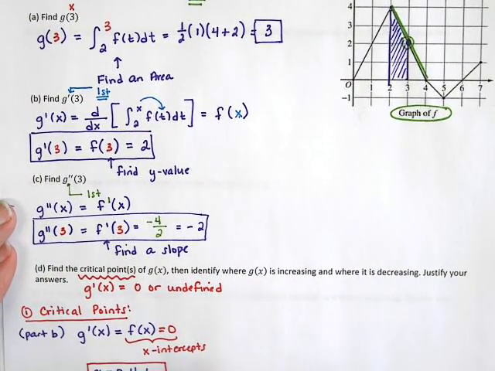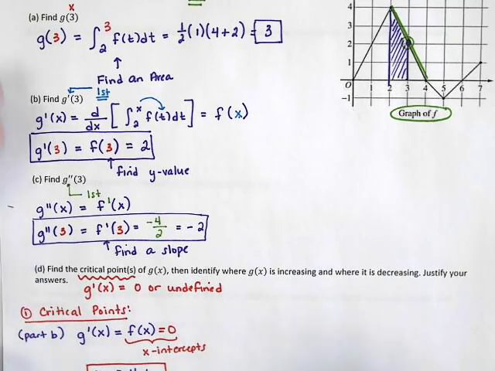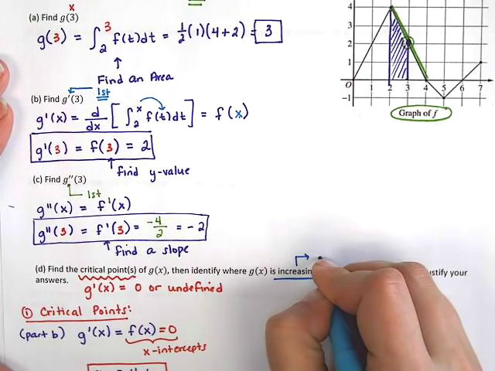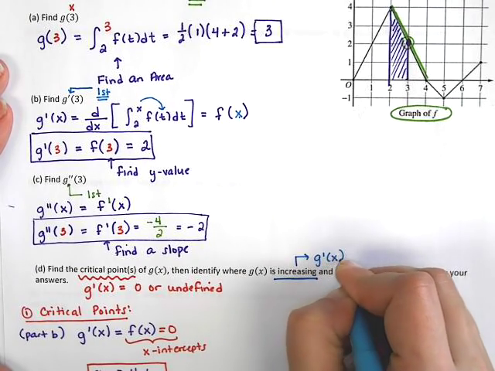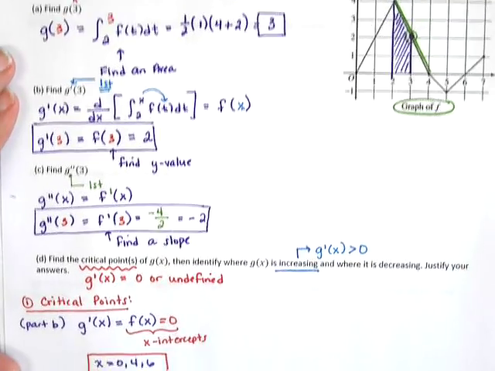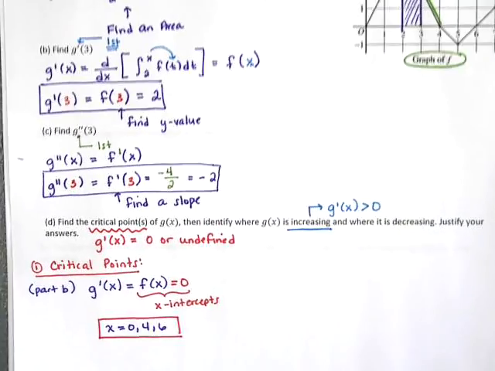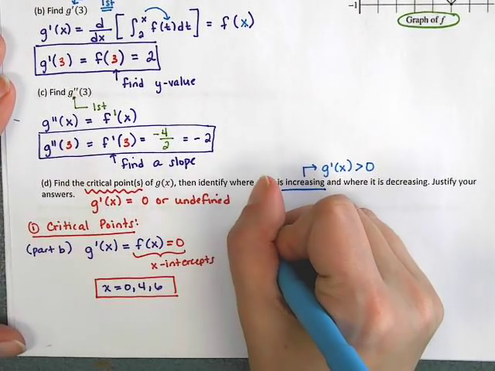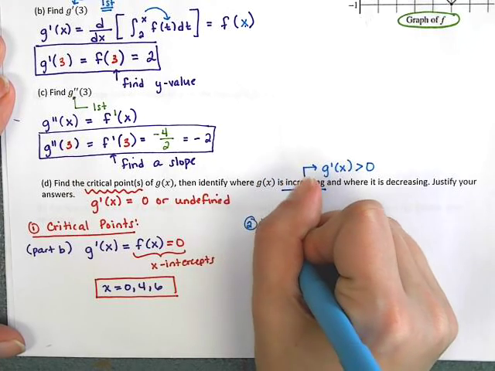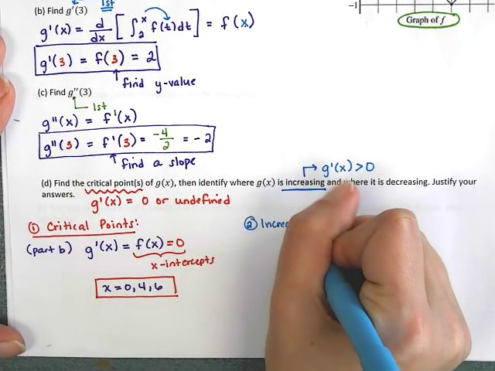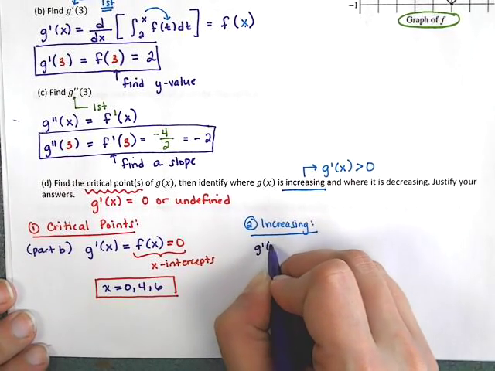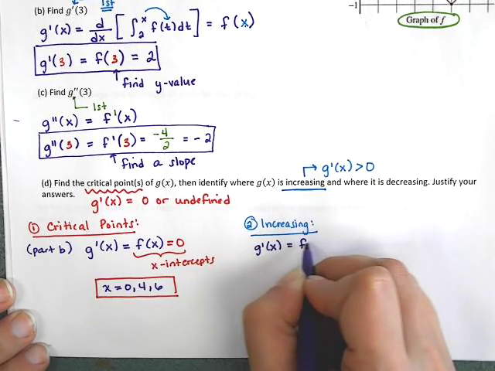Now the second part of this question is asking for where g of x is increasing. G of x is increasing means g prime is greater than 0. It just means the slope is positive. So again, I'm going to need to know what g prime is. Lucky for us, we still know from part B that g prime of x is just f of x.